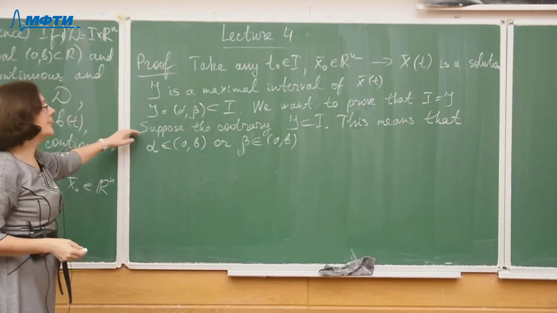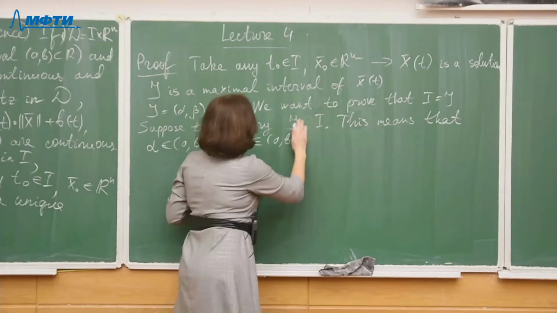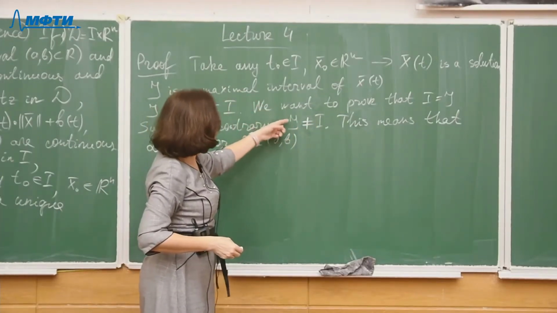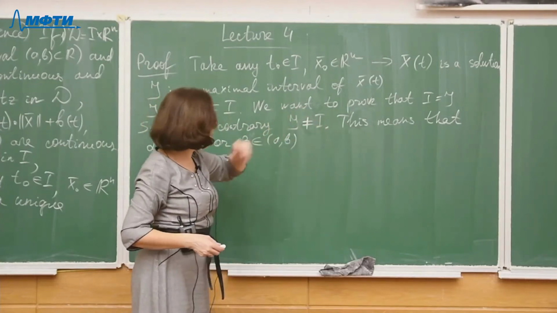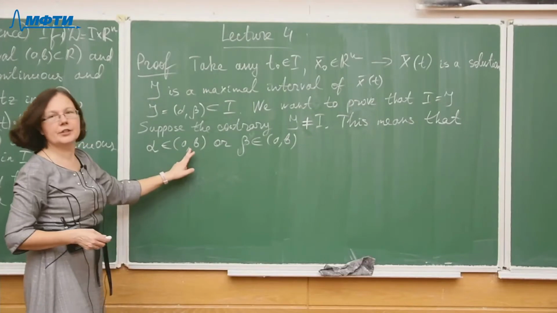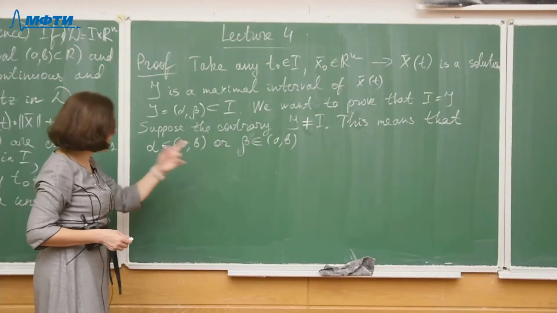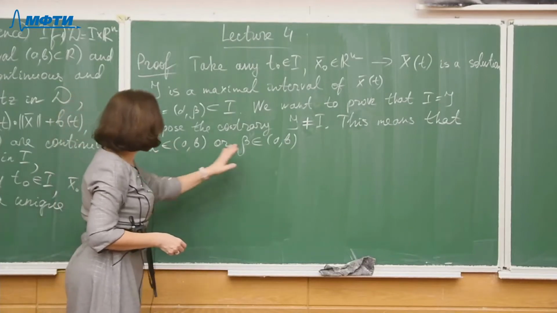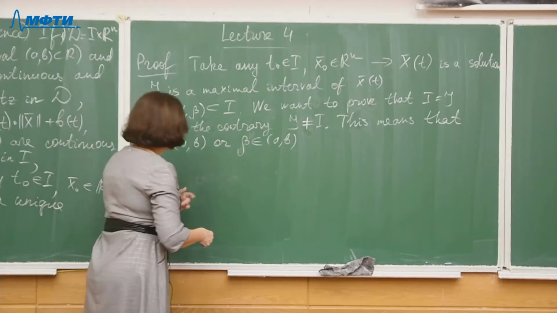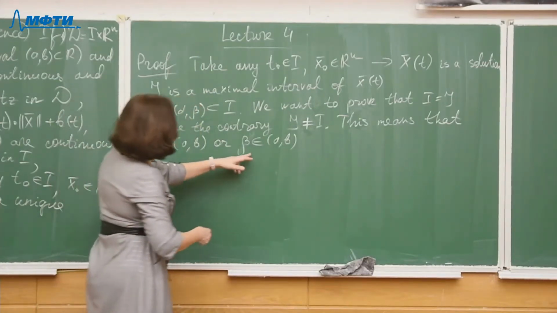So if, on the contrary, J is not the same as I, it can be a proper subset of I. And this means that alpha is a point in (a, b) or beta is a point in (a, b), and both cases can be considered similarly, so without loss of generality, we will consider this case.